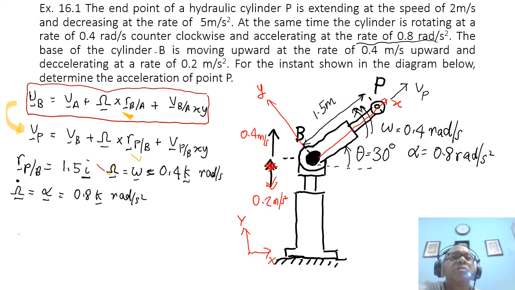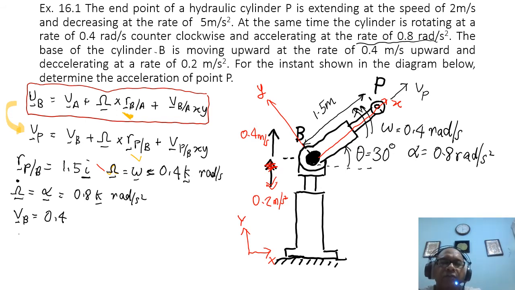What else do we need? We do have V A, the speed of the origin. So we have V B. V B is given. V B is known, V B is here, 0.4 meter per second. So V B is 0.4 in the direction of this one.